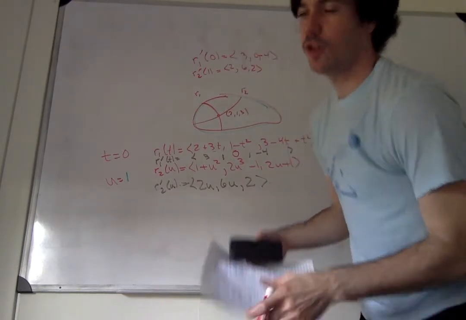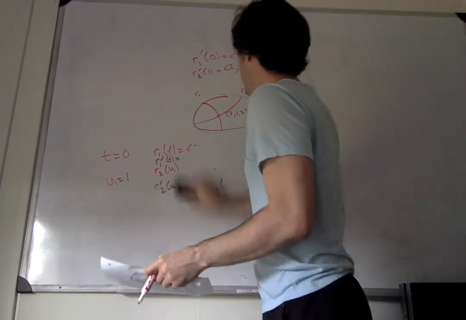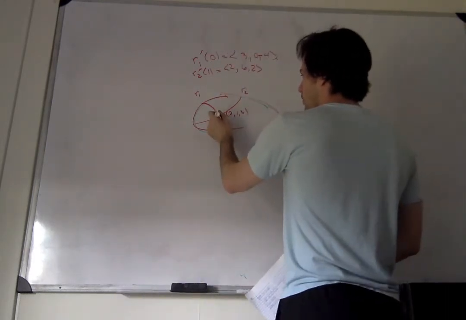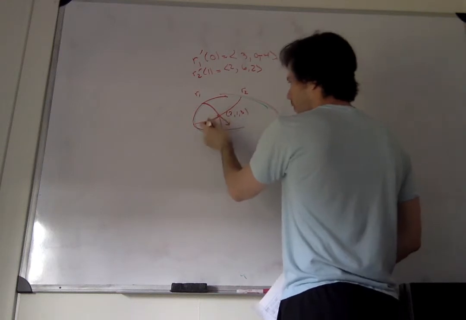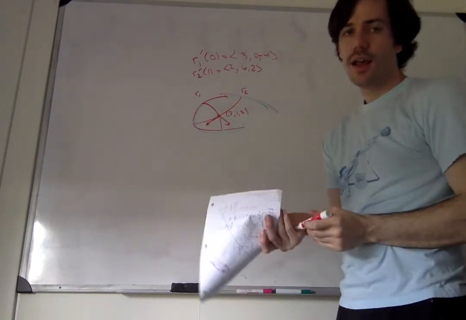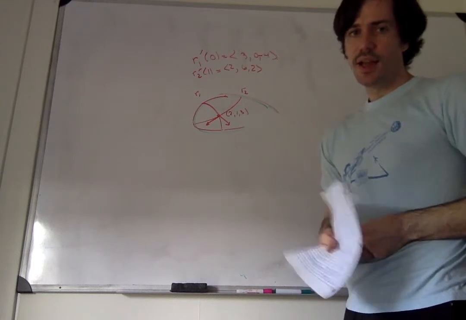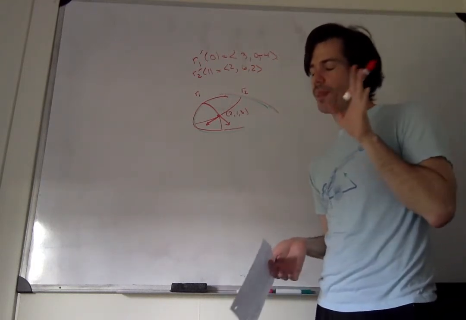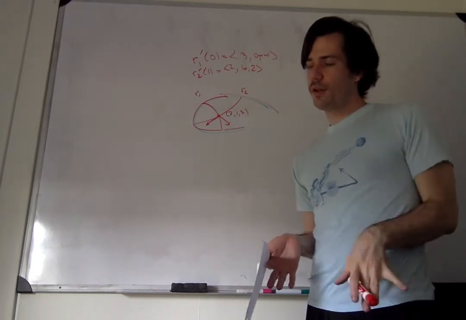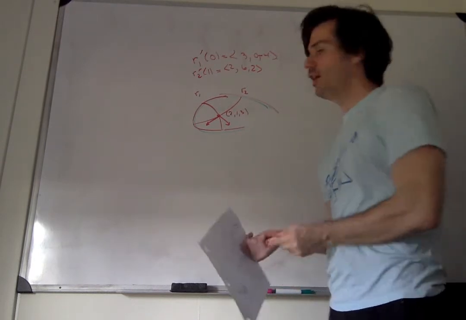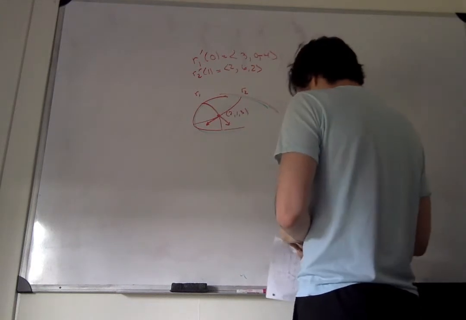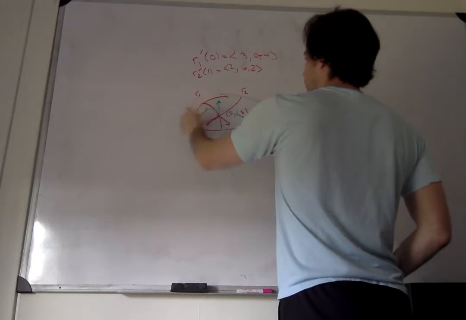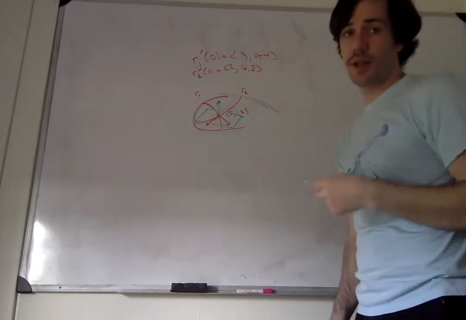Okay, so now we need to find the normal vector. Because the derivatives of these vectors both lie in the same tangential plane, the vector normal to both, the vector perpendicular to both of them, is just that normal vector. So if we can find the vector this way, the cross product, that's going to give us our plane.